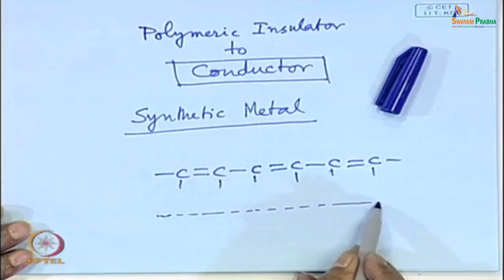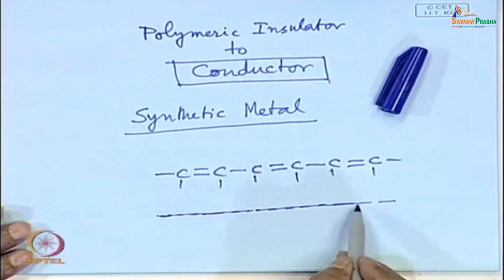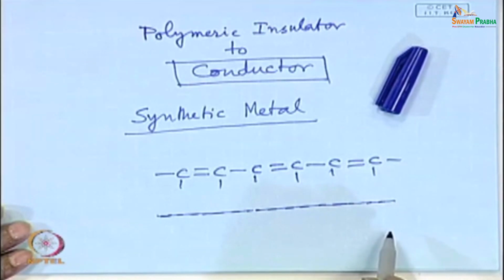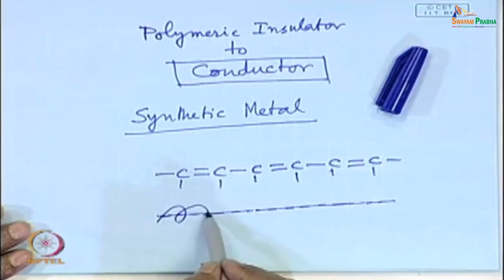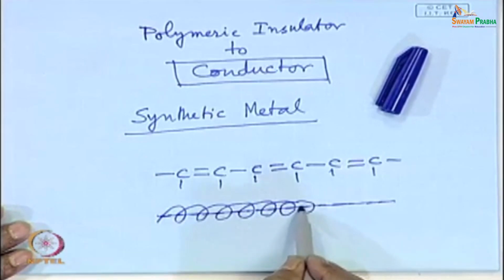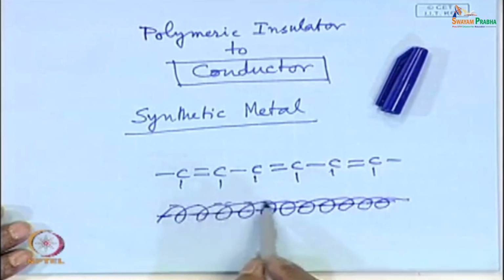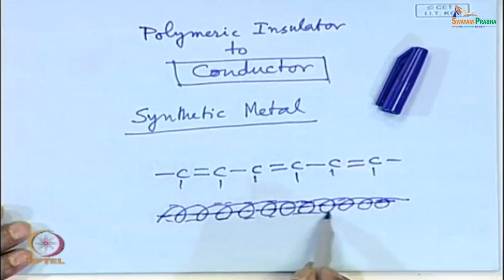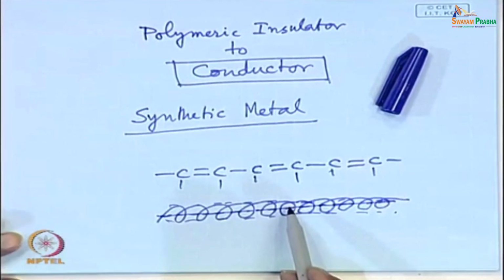That means, if you have a skeleton, say a carbon skeleton like this, over this carbon skeleton, if we can develop a delocalized system of electrons over this central skeletal molecule, then it can help in electric conduction.